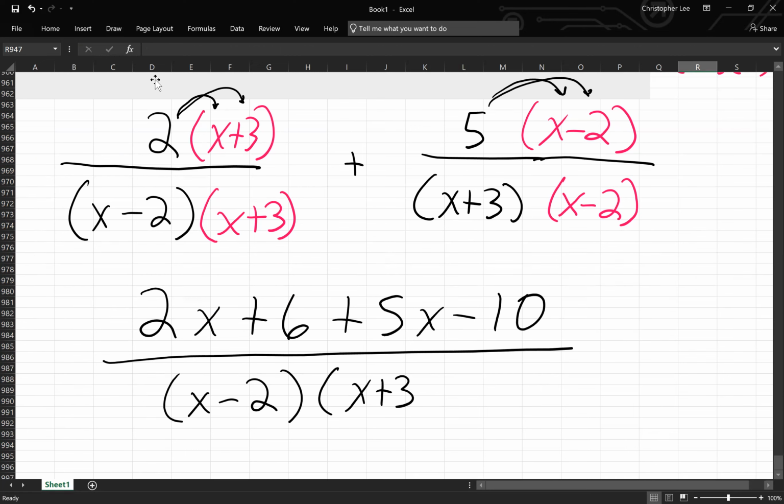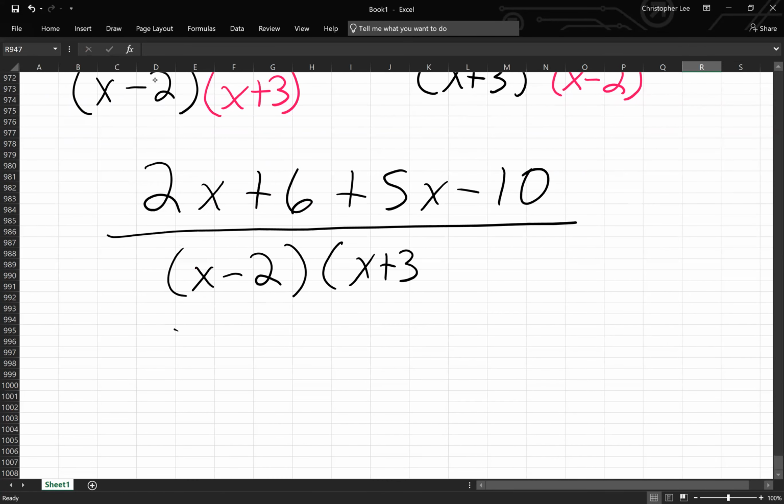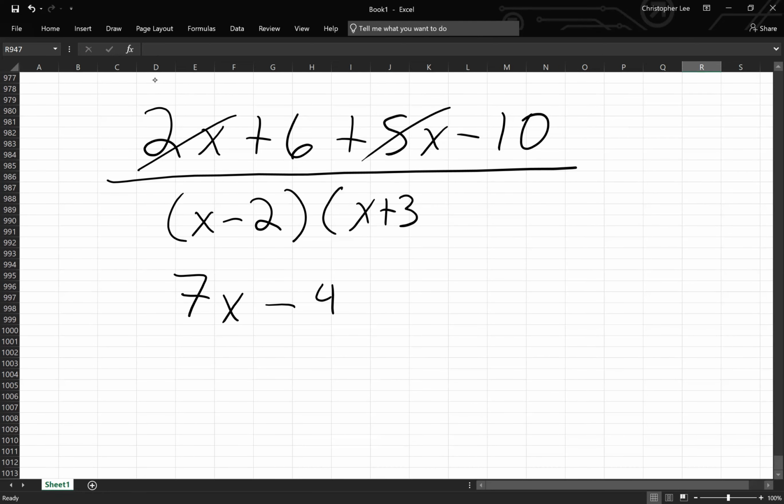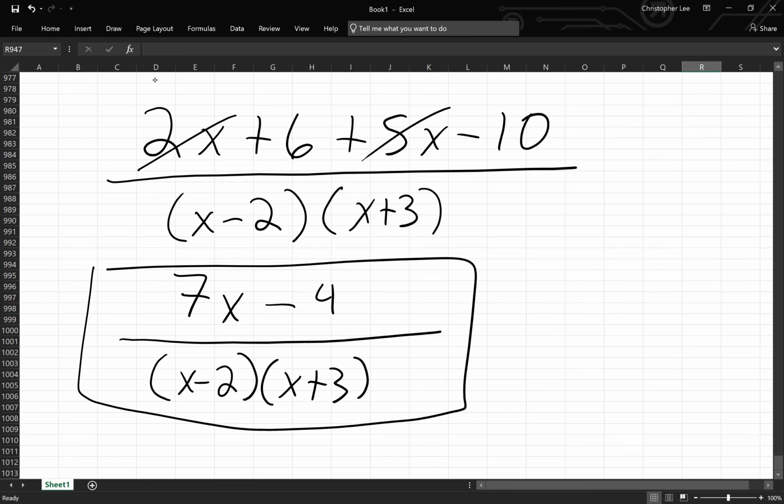Let's combine like terms. 2 plus 5, I think that's 7x. And then minus 4, good. 6 plus negative 10 is negative 4, all divided by (x minus 2)(x plus 3). That's my answer right there.